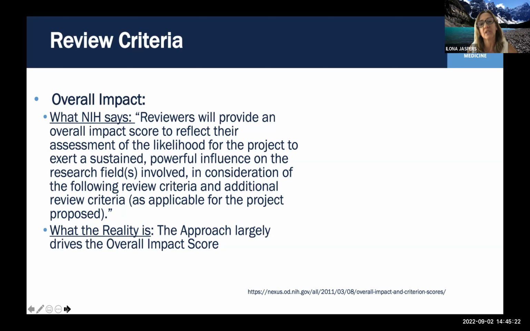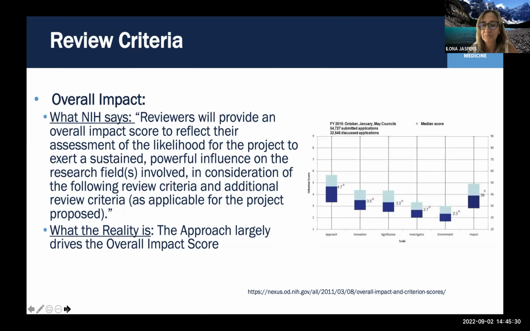If you go to study section, the approach and to some extent the significance really largely drive the overall impact score. And here's some data that was collected by NIH. You can see the approach as well as the significance really drive the overall impact score.